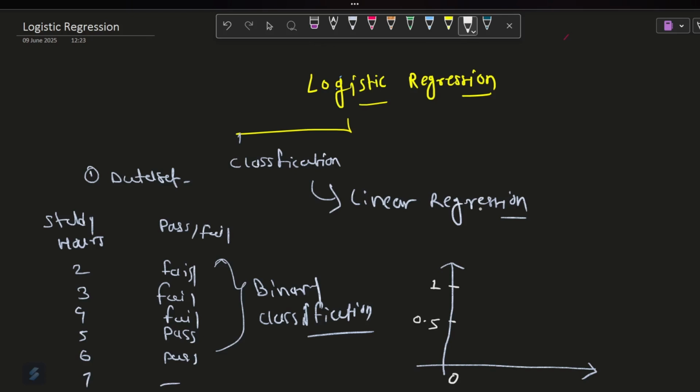Let's consider we have data points 0, 1, 2, 3, 4, 5, 6 and 7 on the study hours axis, and the pass or fail on the other axis. Zero is a fail, and one is a pass.